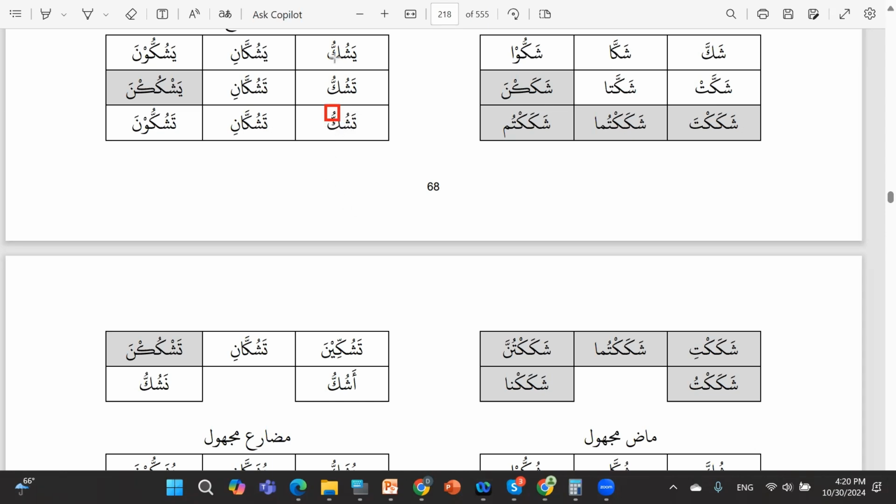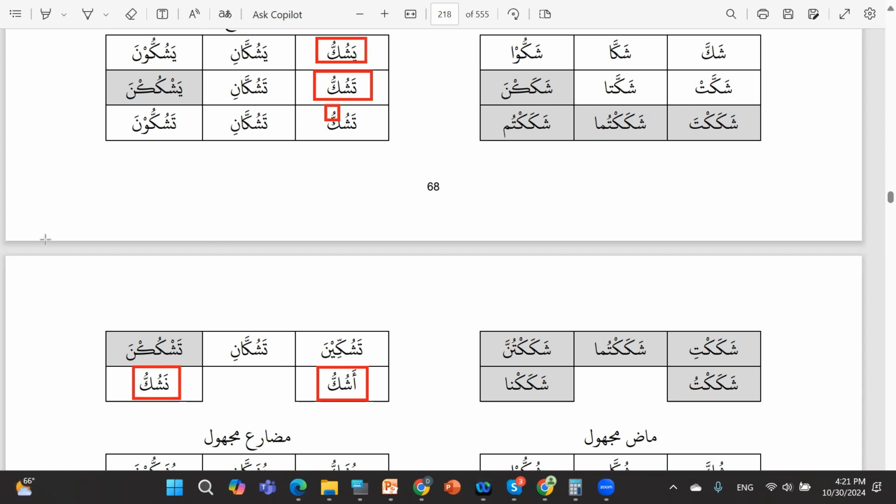Those words that have dhamma at the end in present tense have three versions of the majzoom form, the lightest form, even when coming after lam or lamma. So sigas like huwa, hiya, anta, ana, and nahnu would have three versions of their lightest form.